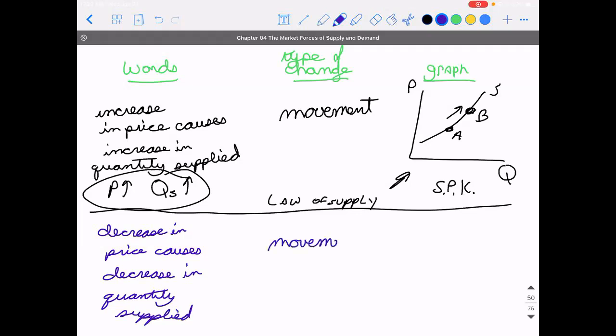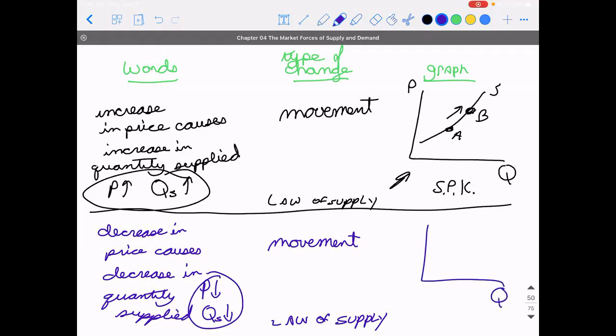It would also be a movement described with the law of supply. It would look like that in symbols. And in the Sour Patch Kids market, I would be moving from C to D.